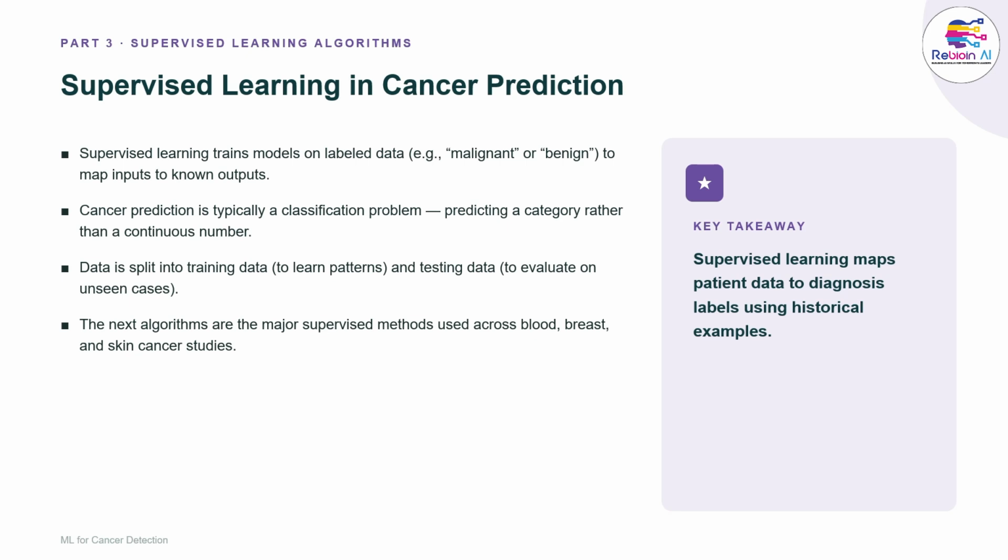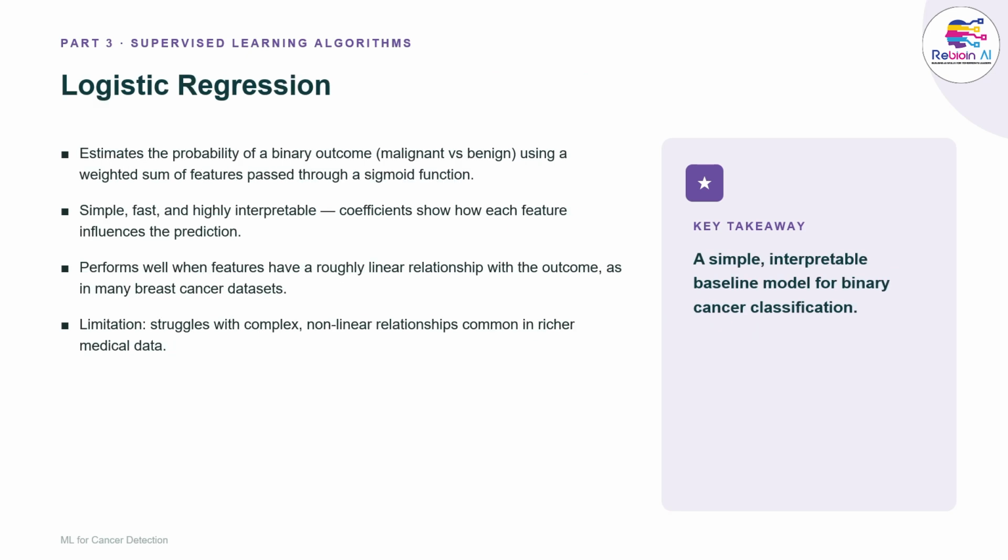Over the next several slides, we will walk through the major algorithms used for this, starting simple and building up in complexity. Our first algorithm is logistic regression. Despite the name, it is used for classification and not for predicting continuous numbers.